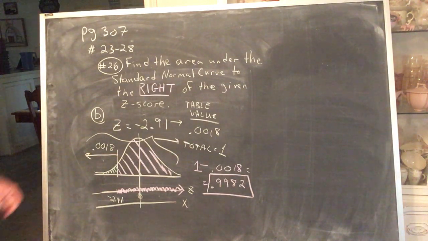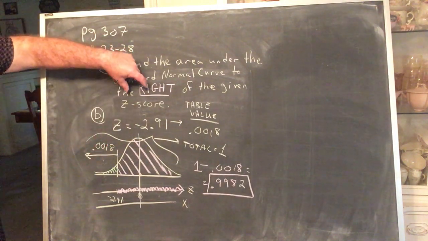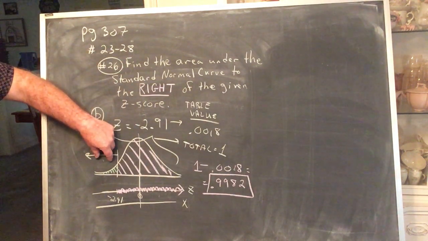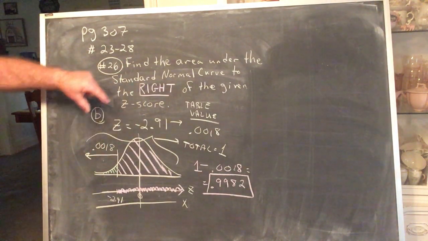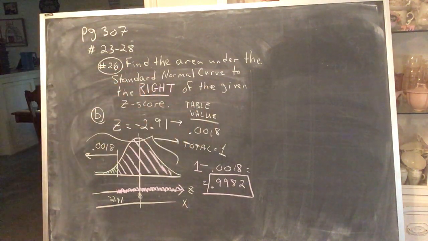And this is going to be the typical thing to do for this table. If what you're looking for is the number to the left, the table value gives it to you directly. If what you're looking for is the area to the right, you end up subtracting from 1 to find the piece that you want.